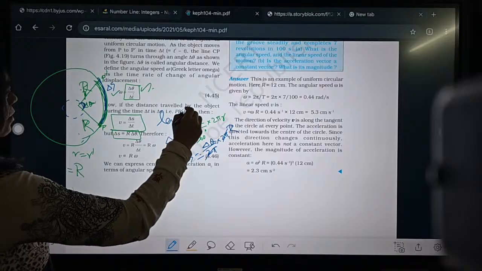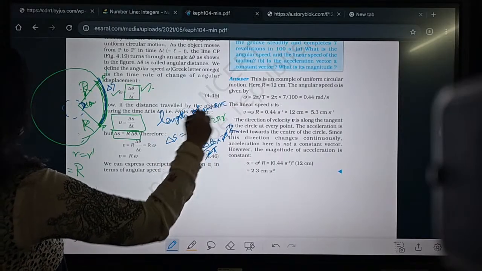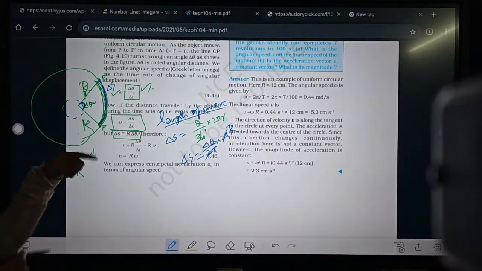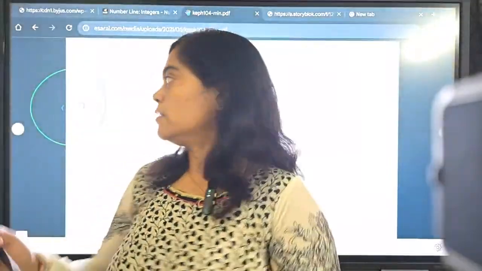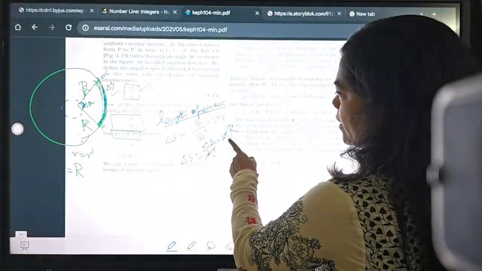Make a note of this, all of you. It won't be given in your book. So draw like this. If the particle completes a circular motion, then the resultant will be like this. So delta S is equal to R into delta theta.